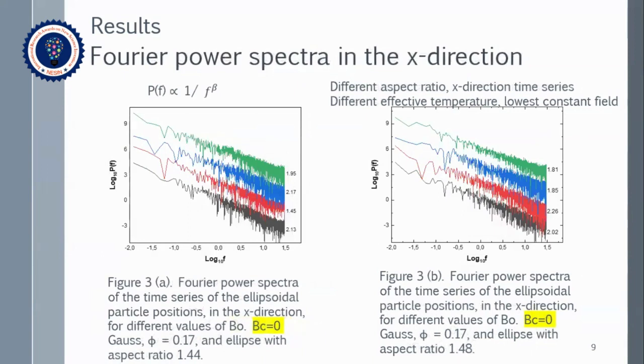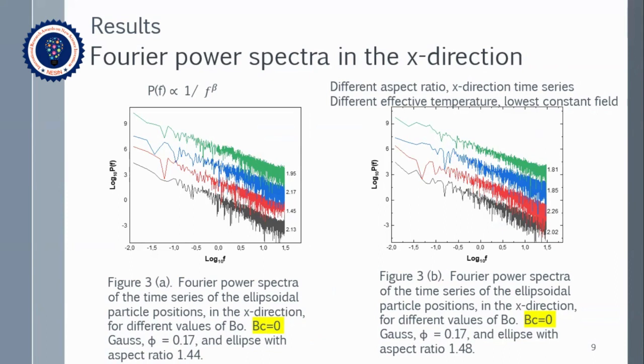Here we depict the behavior of the Fourier power spectra for particles with different aspect ratio, but at different effective temperature, with the lowest constant magnetic field.